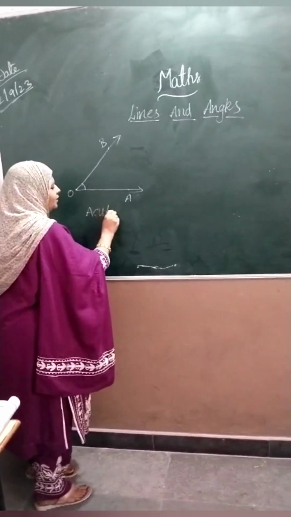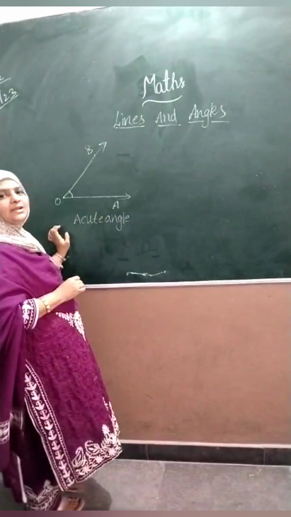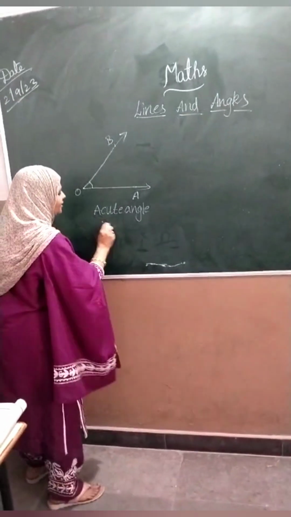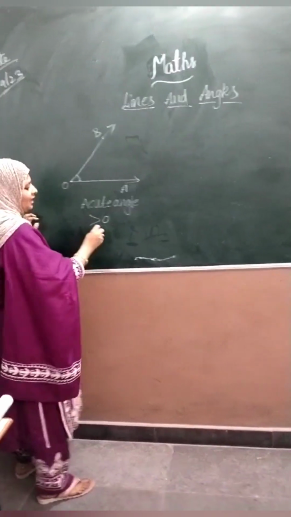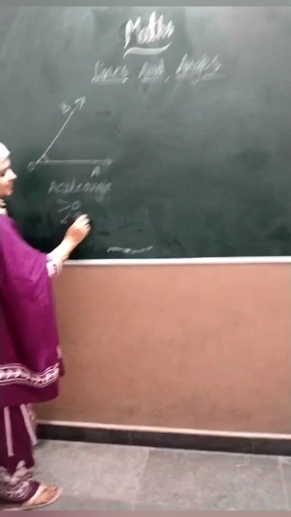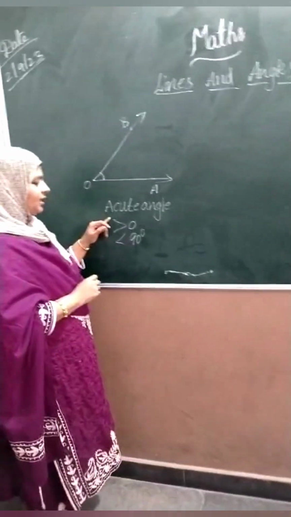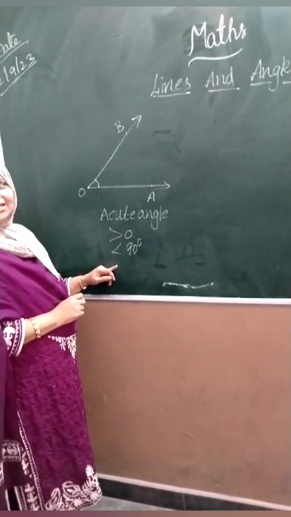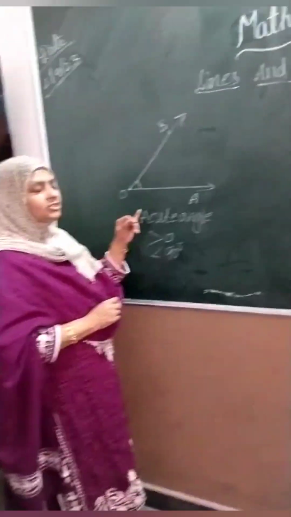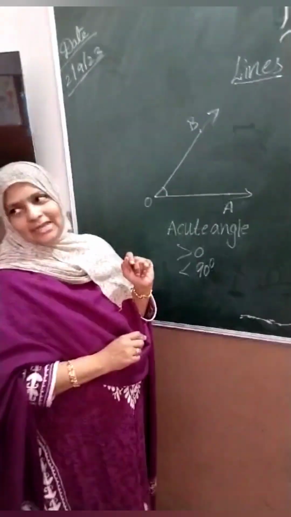The acute angle measure should be greater than 0 and less than 90 degrees.